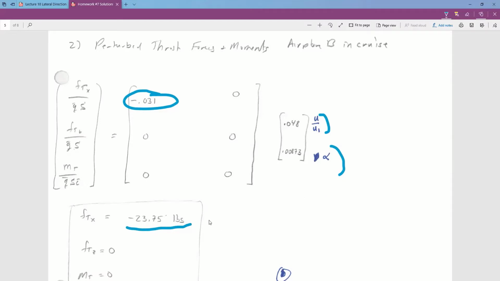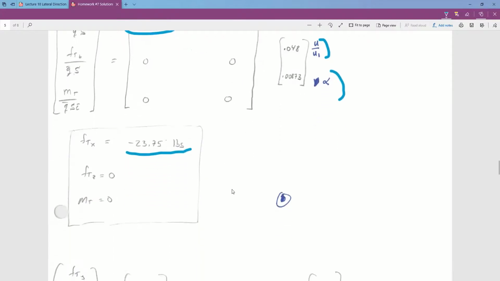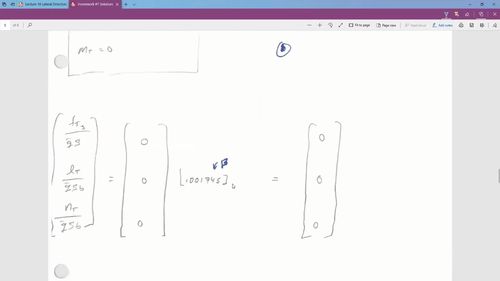You go, 23 pounds, that doesn't sound like very much. Remember, this is a perturbed force on top of a steady state force. So this is a perturbed thrust force direction on top of the steady state. And then the beta terms are all 0, so you just get 0 for that.